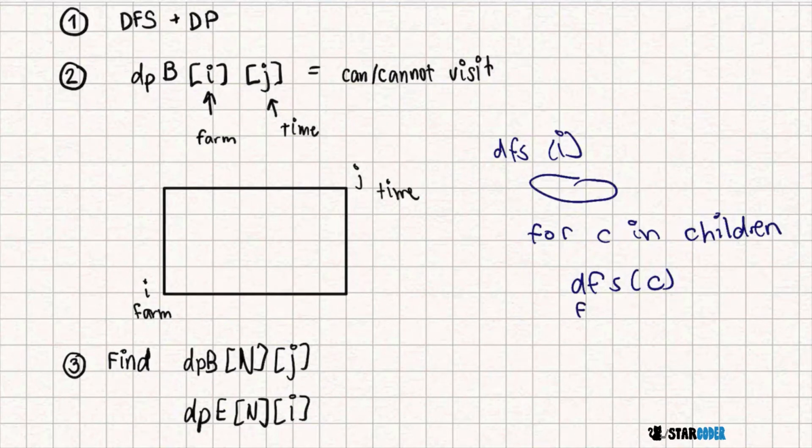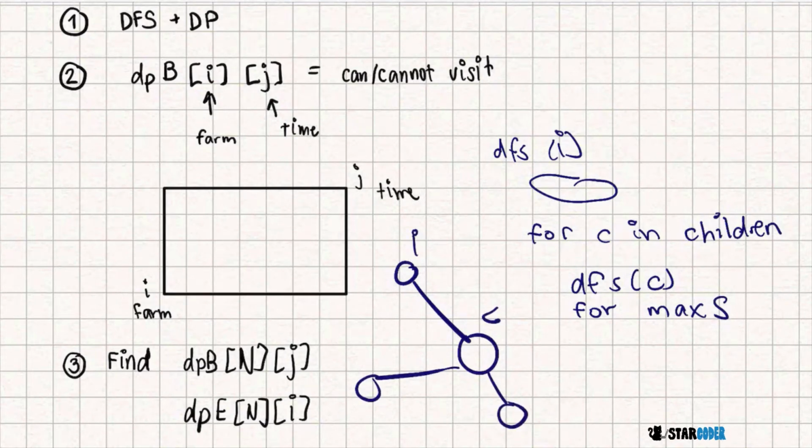Then we loop through all of the possible times, so let's have time be max X. Since this current C is connected to I, this is going to be a graph with I and C. We assume that if we can visit node C in X amount of time, then we can visit node I in X plus Y amount of time, where Y is the size of this trail or path.